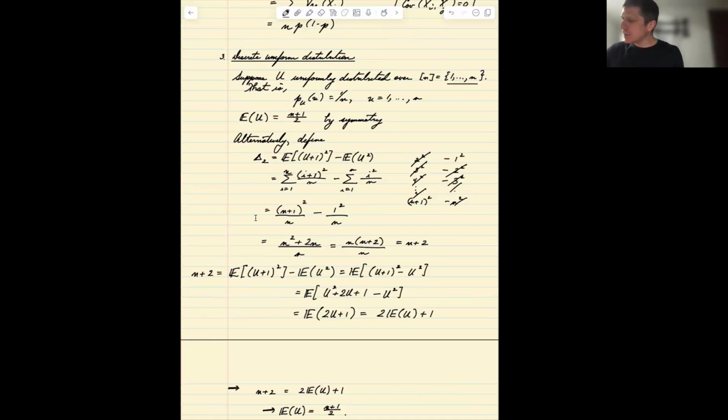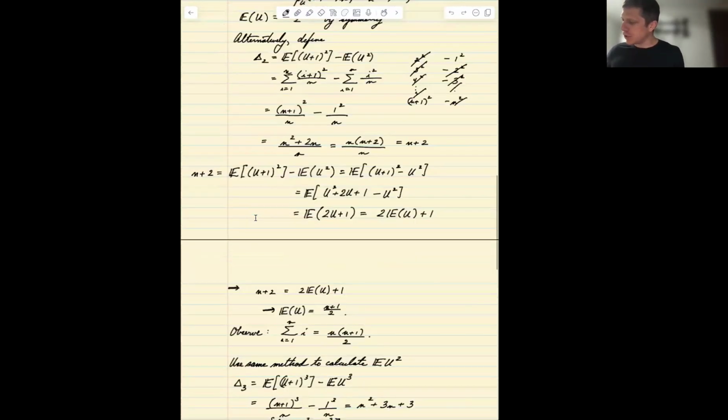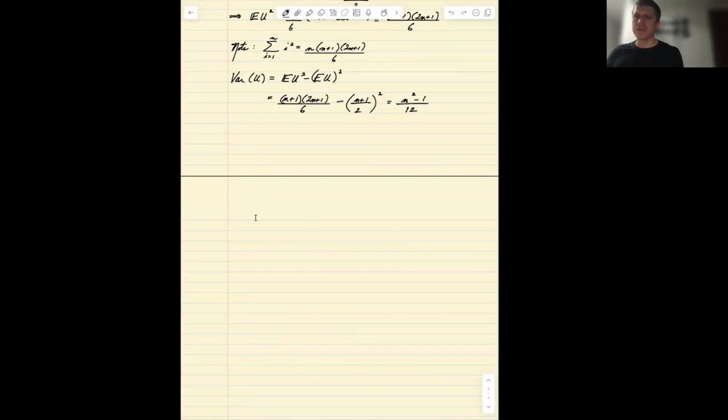Now, we might not always be specifically interested in a discrete uniform between 1 and n. We might be interested in shifting it a little bit. For example, we might be interested in a uniform between 50 and 100.